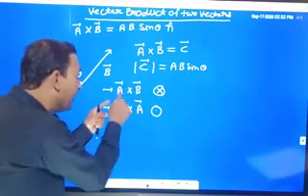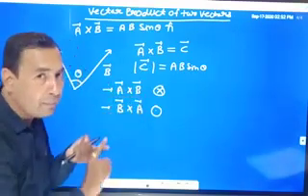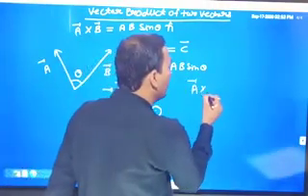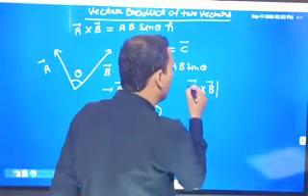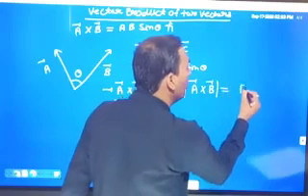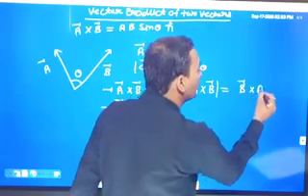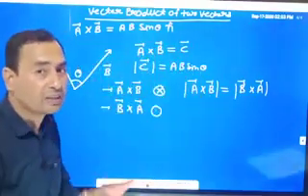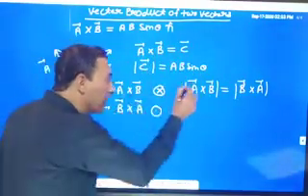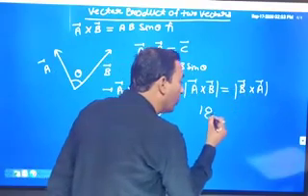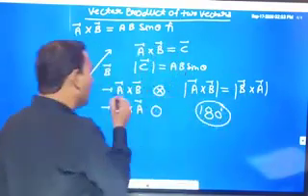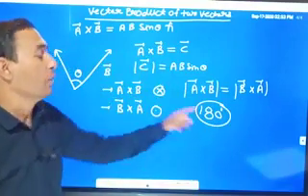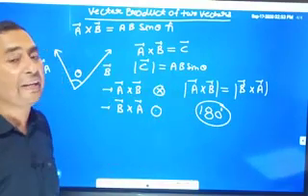So these two, a vector cross b vector and b vector cross a vector, have the same magnitude, means we can write that magnitude of a vector cross b vector is equal to magnitude of b vector cross a vector, but the direction of these two vectors is not the same and the angle between these two vectors is 180 degrees, means a cross b और b cross a जो vectors होंगे उनका magnitude same होगा, but उनमें angle कितना होगा 180 degree.